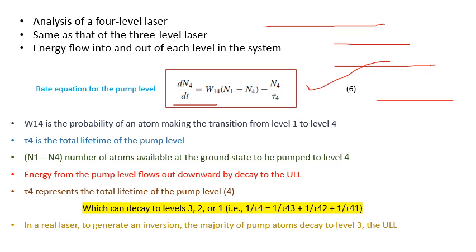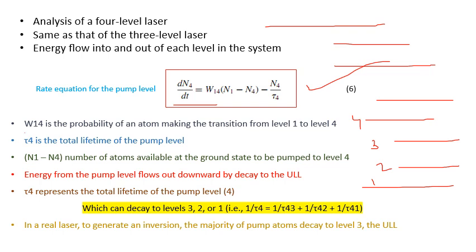Tau 4 is the decay time. You know that this is the pump level here, this is ULL, this is LLL, this is the ground. So 1, 2, 3, and 4.